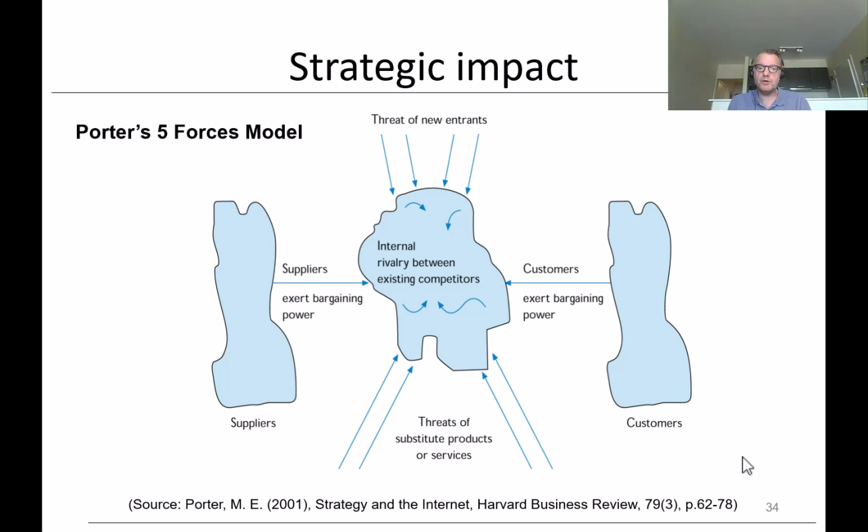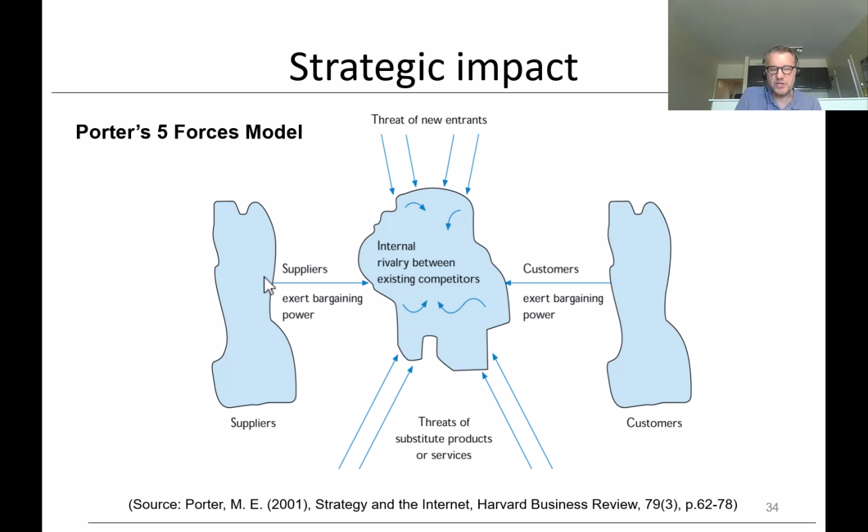See, the way value is distributed in a particular type of industry depends upon the internal competition, the internal rivalry between existing competitors, the threat of new entrants, how easy it is to enter into that industry branch, the bargaining power of suppliers, how powerful are suppliers, how easy is it for them to increase the price, for example, without you being capable of doing something about it.